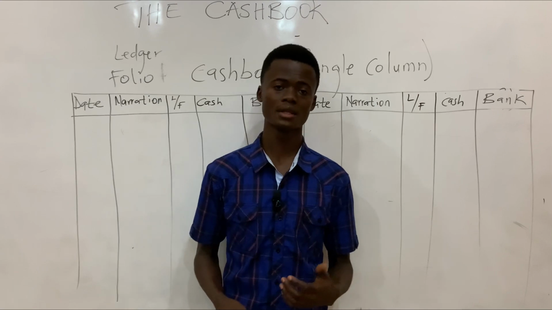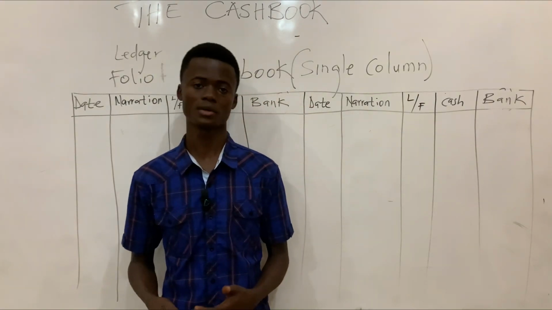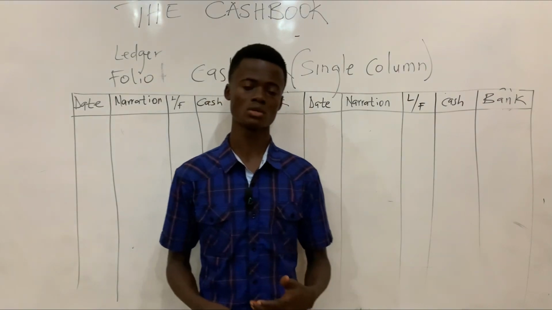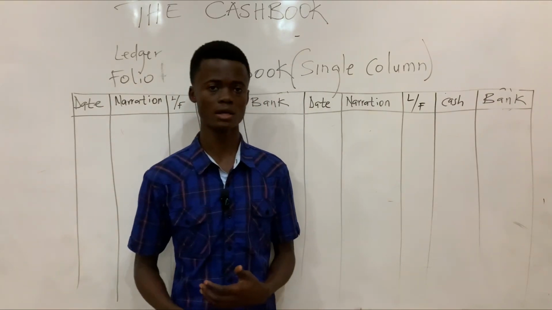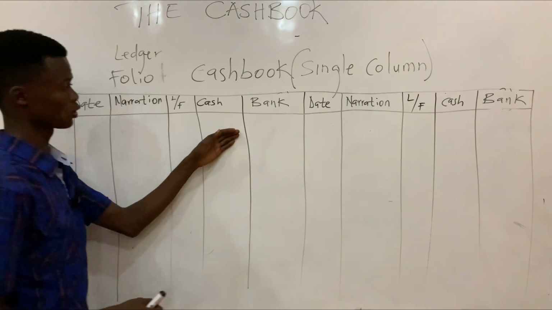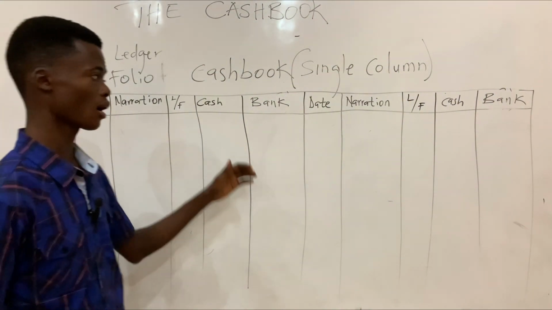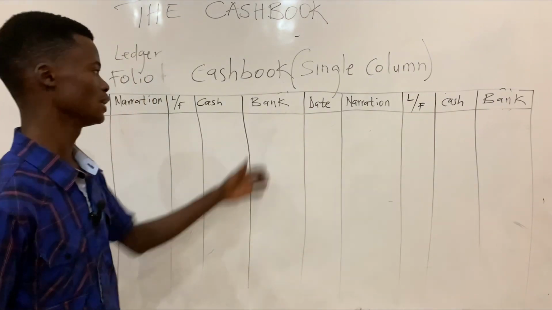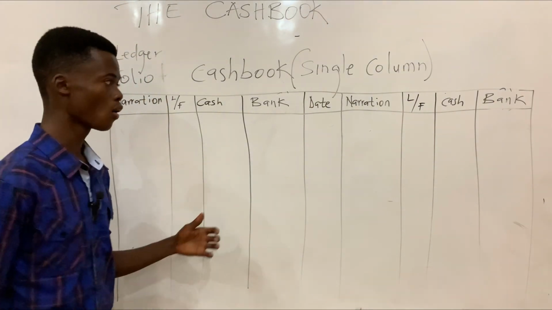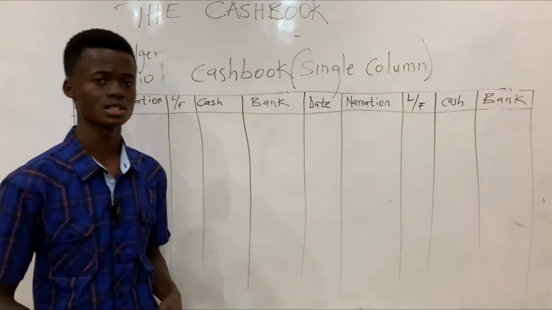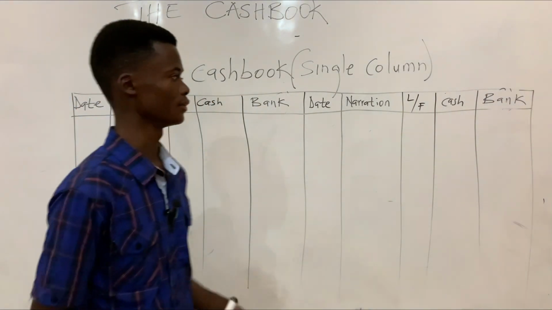One account will be debited and the other account is said to be credited. If this happens, then such a transaction is considered a contra entry because both the cash account and the bank account can be found in the cash book. So since they are all in the same book, we consider such a transaction a contra entry.